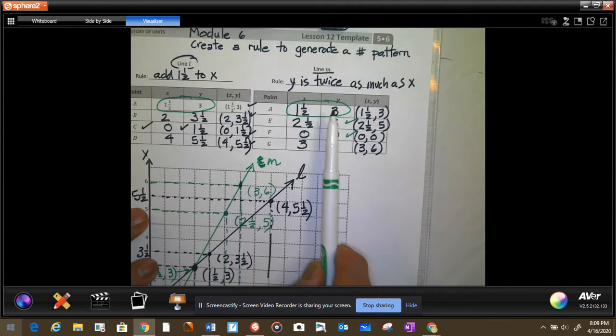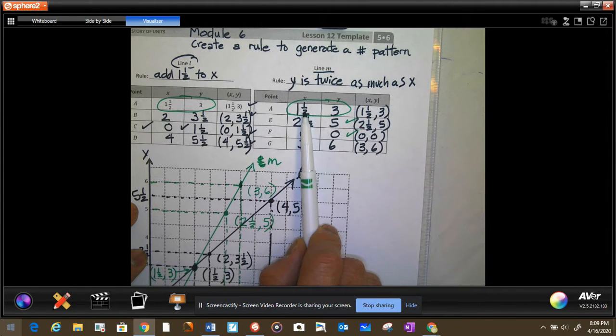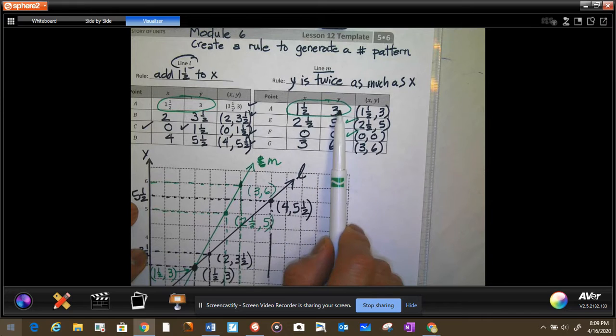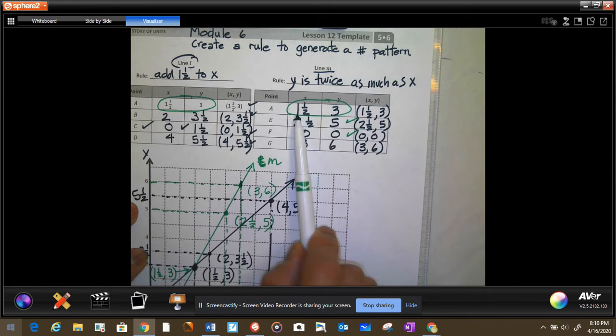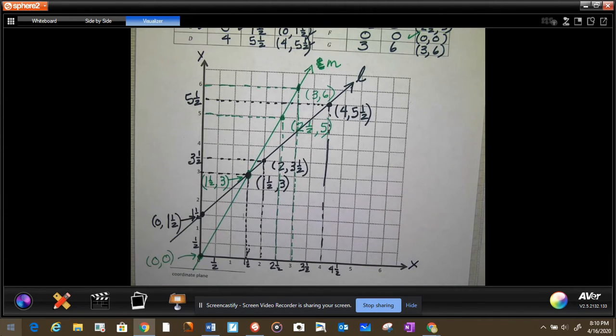The rule on the line M was when x is 1.5, y must be twice that amount. You see that? This is 2.5, and y is twice that amount. And this one, of course, is 0 on both of them because twice that number equals 0. And that's how we came up with these lines. And the one thing they have in common is they intersect at point 1.5 and 3.